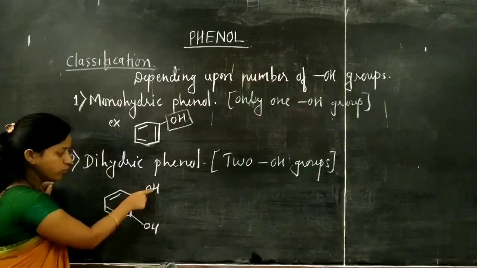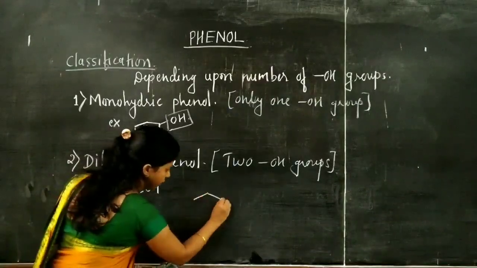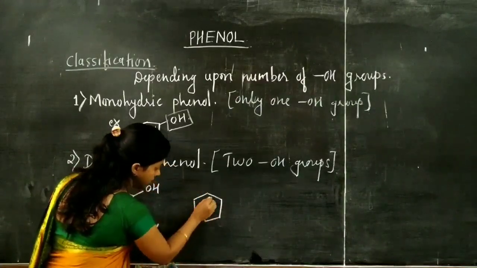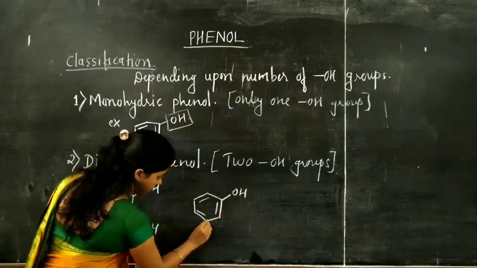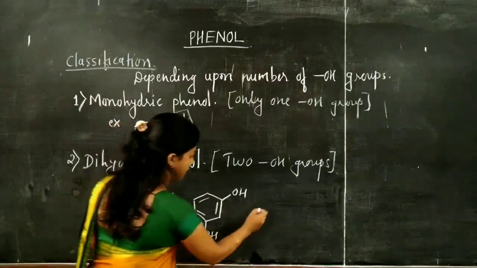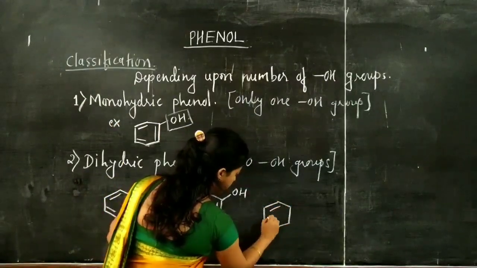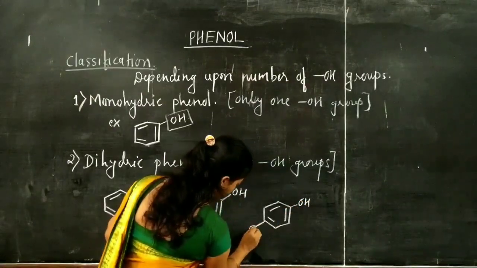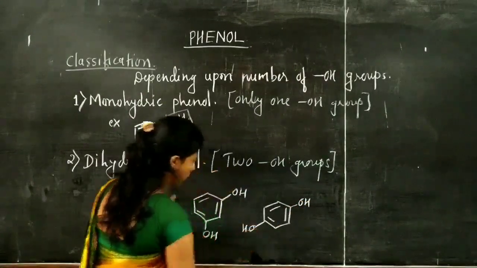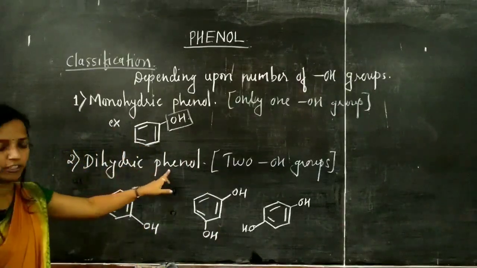Either the OH groups will be present at 1,2 position, or at 1,3 position, like this, or another possibility, 1,4 position. So there are three examples in case of dihydric phenol.